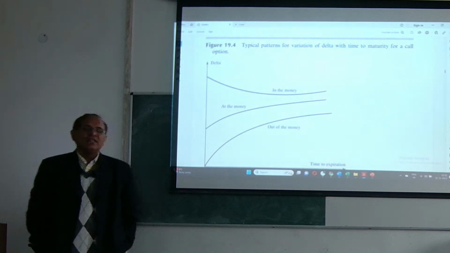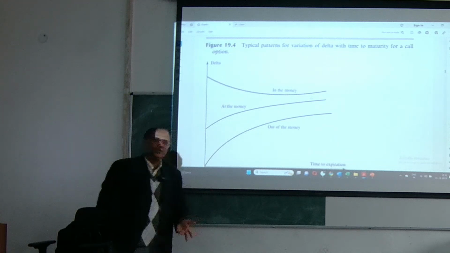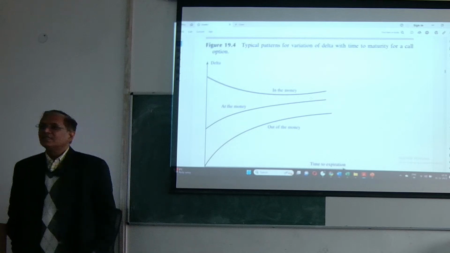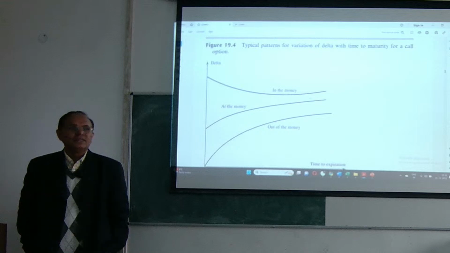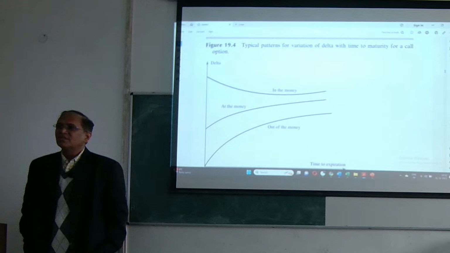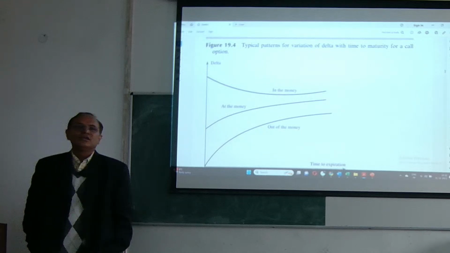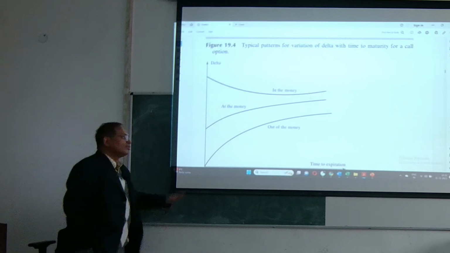Okay? And in the money you will have the benefit. Out of the money, a reverse position is going to be there. When your underlying price is lower than your strike price and you have a long call, then it's better not to exercise and let the option expire. That is because it is out of the money.